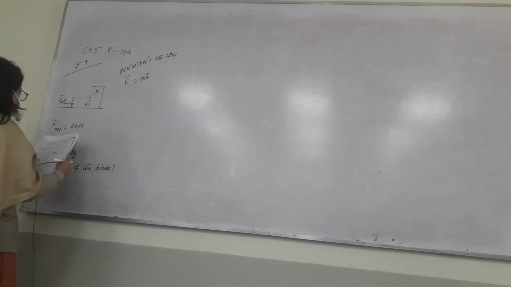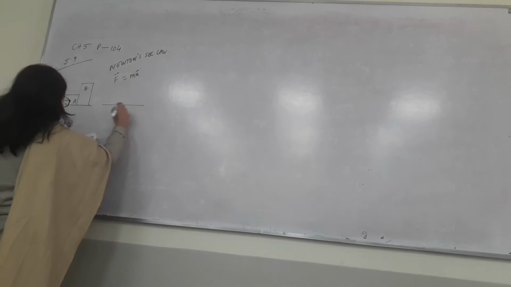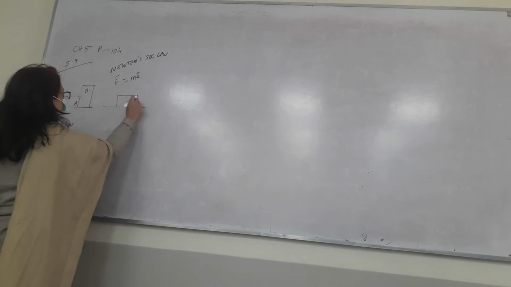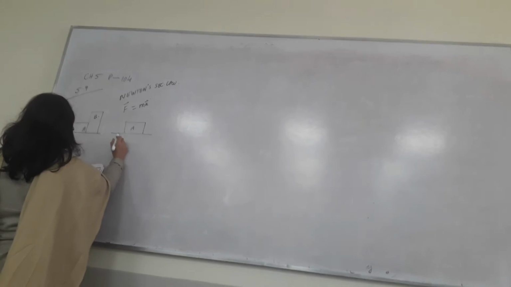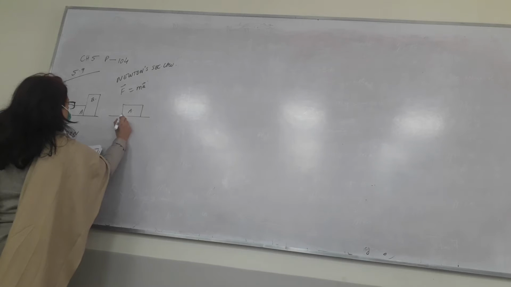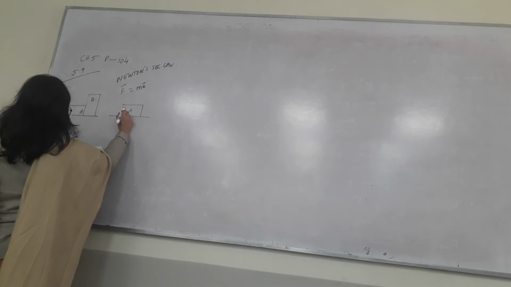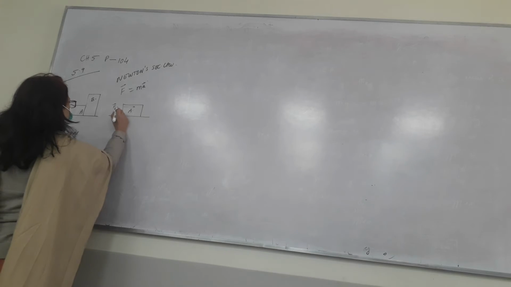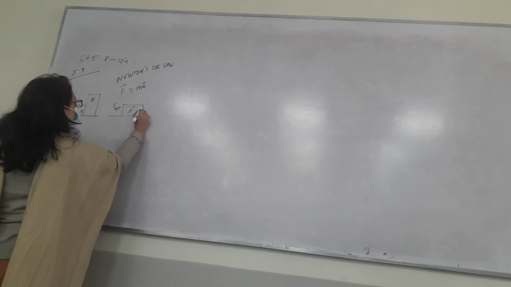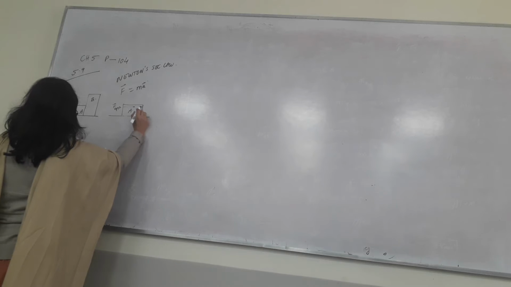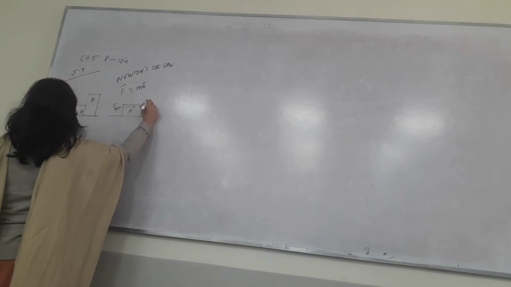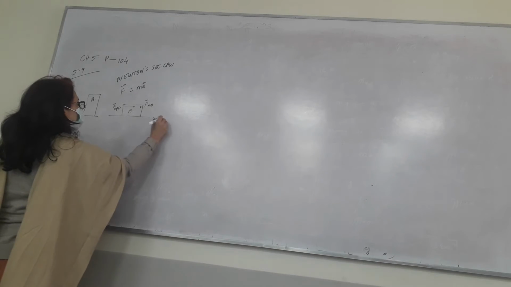So in this case, if we draw the blocks separately, for example, if this is block A, then along the x axis we have a force which is F applied, and the other block is also exerting a small force which we are calling FAB, and this is the x direction.